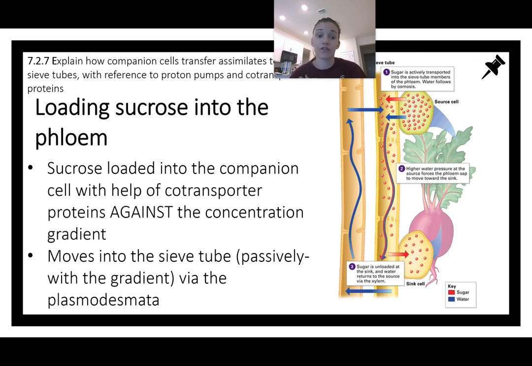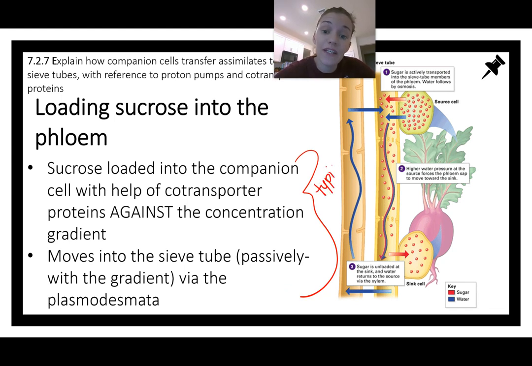So then sucrose is loaded into the companion cell against the concentration gradient most of the time. So there are co-transporter proteins, there are proton pumps. So this slide I should change a little bit. It really, really depends on the context. This is the typical situation.